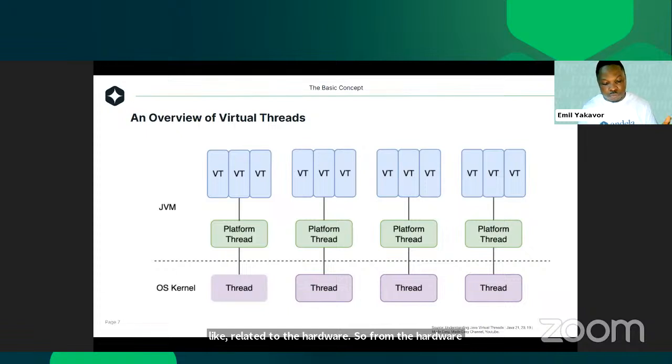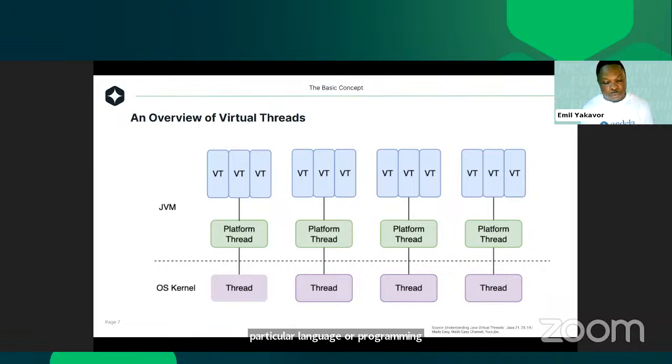Threads at that level, we call platform threads. Threads that are created at the kernel side are managed by the operating system. And the virtual threads that we create are managed by the Java runtime, or whatever language you are using. It's using the runtime of that particular programming language.